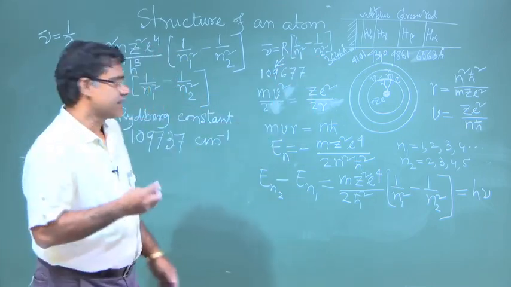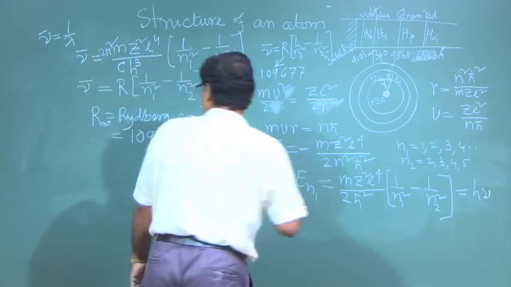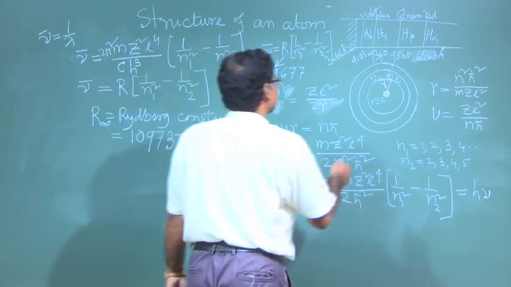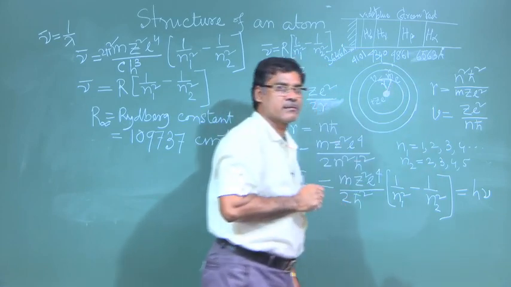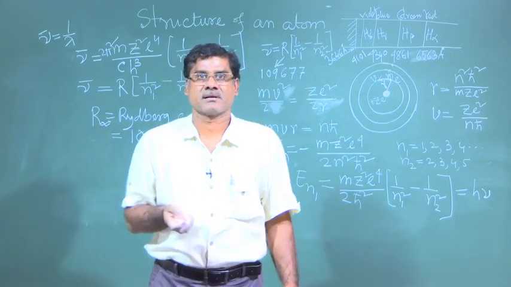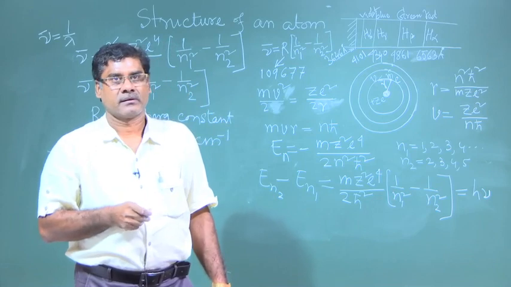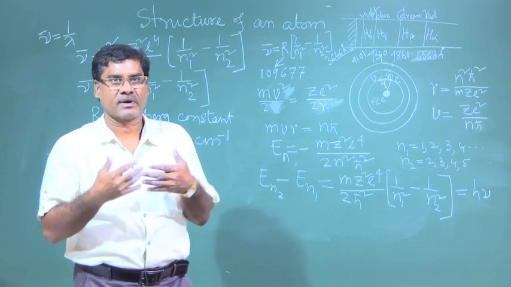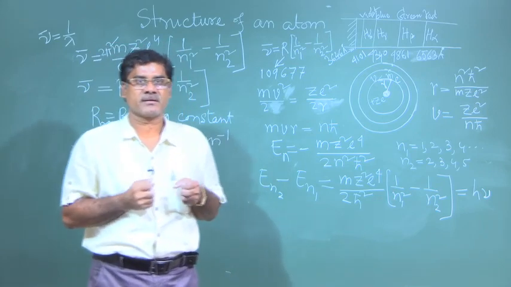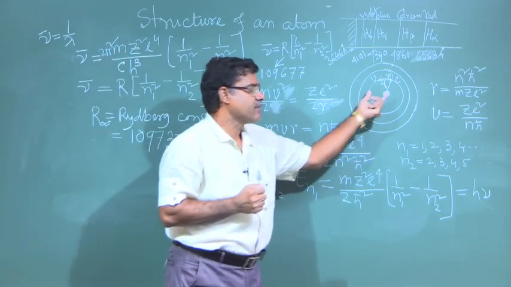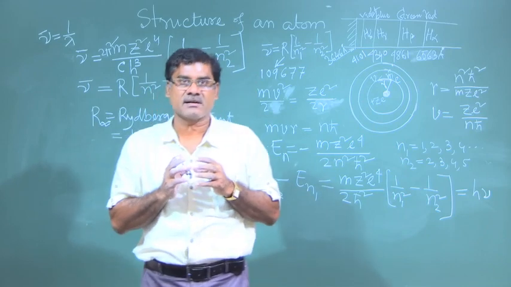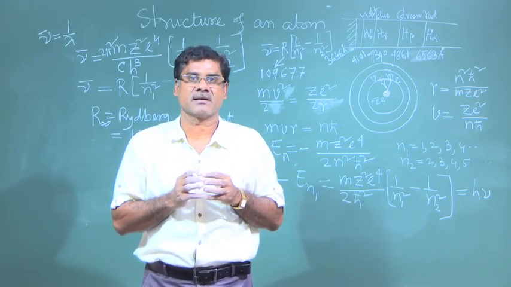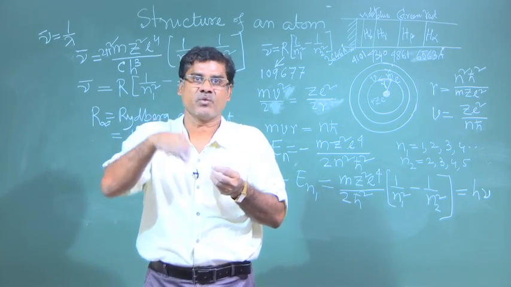Then it was realized that here we have considered the nucleus to be of infinite mass. So, the nucleus was considered to be at rest and only the electron is rotating, moving.